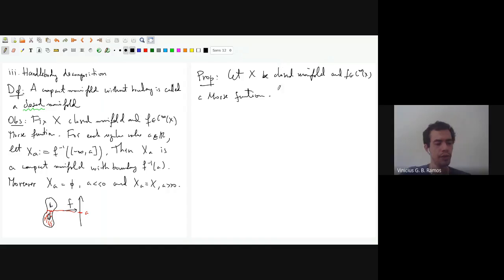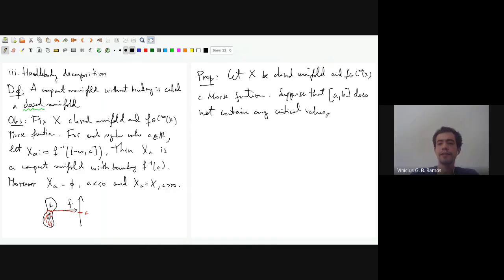Suppose that the interval [a,b] does not contain any critical values. So suppose all the numbers between a and b are regular values. Then the manifold X_a is diffeomorphic to the manifold X_b.